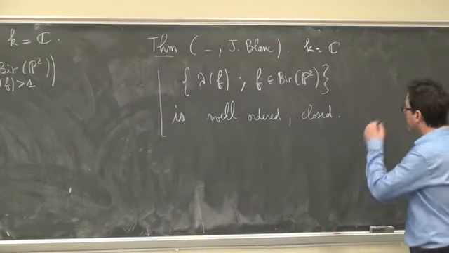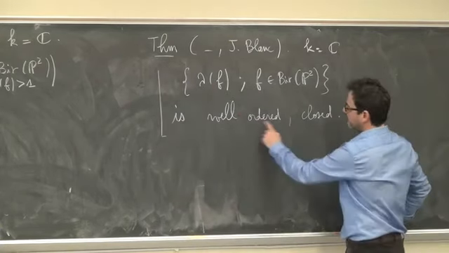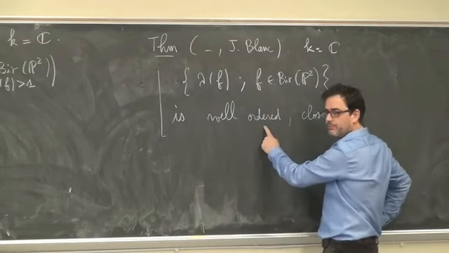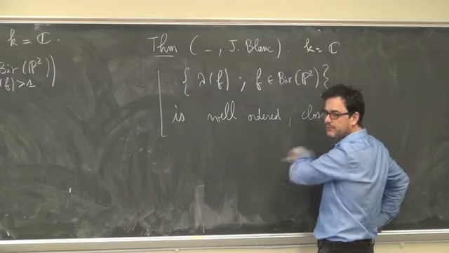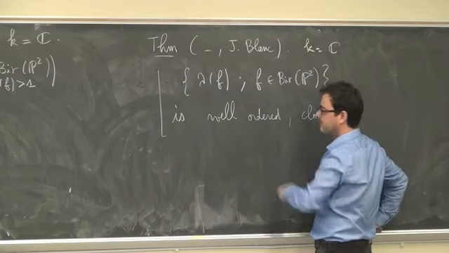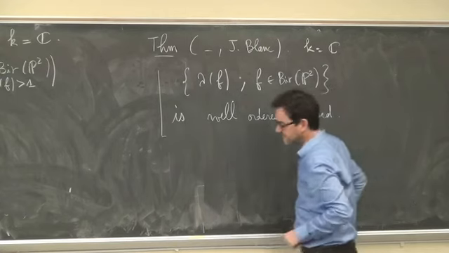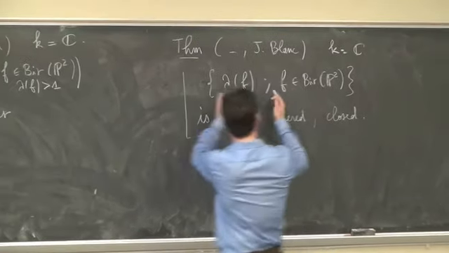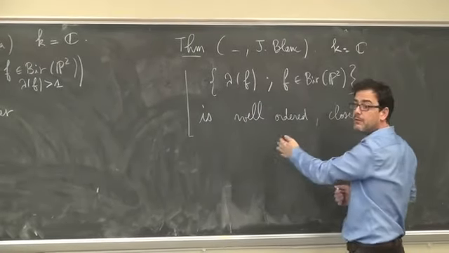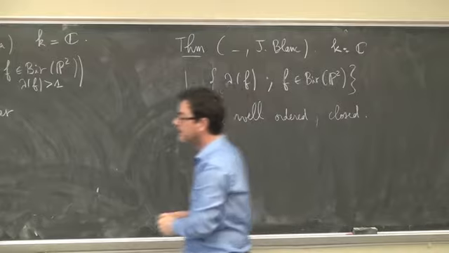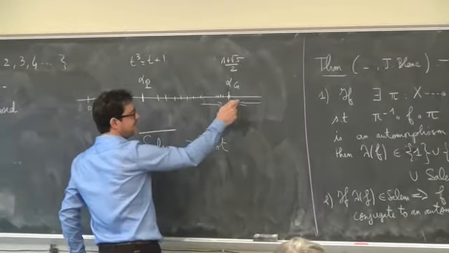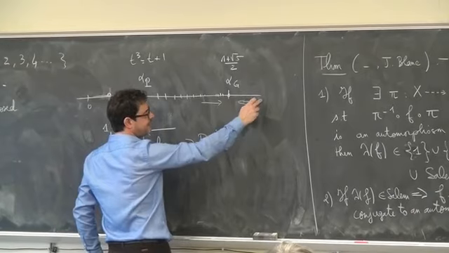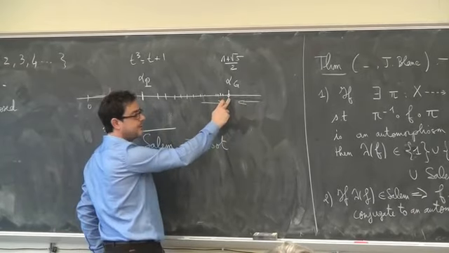So what does it mean? Well ordered meaning that there is no infinite strictly decreasing sequence. Okay, so if you take a subset in this set, then you can find a minimum. So for instance, you know that there is an infinite sequence of Pisot numbers which decreases towards the golden mean.